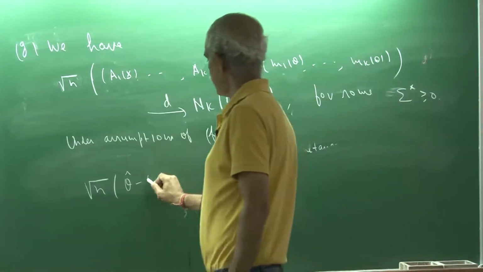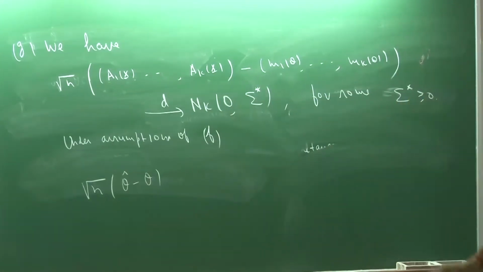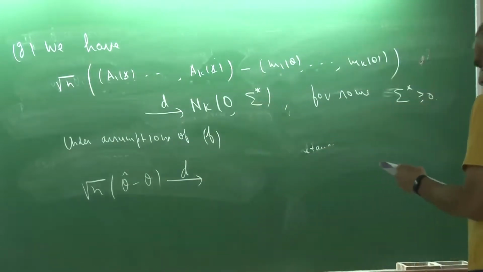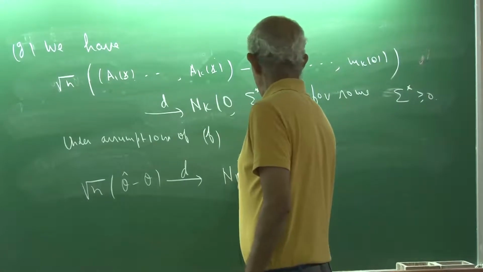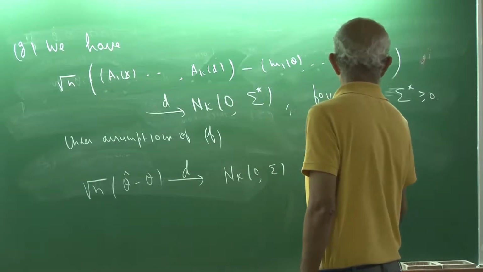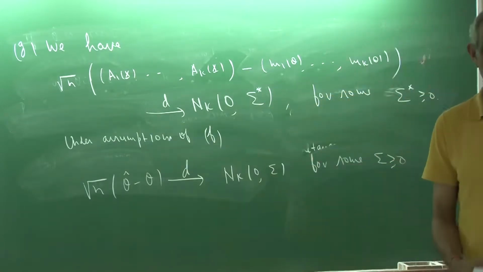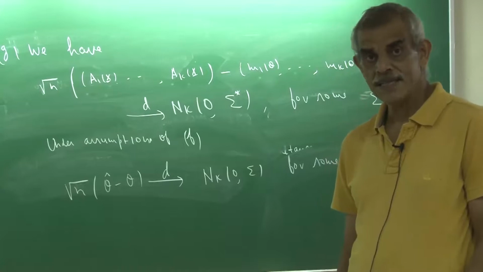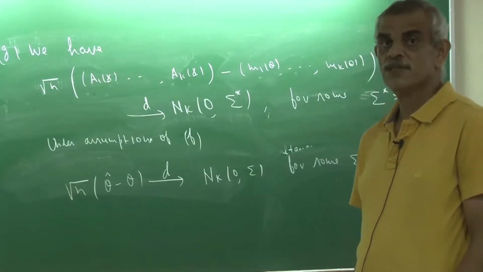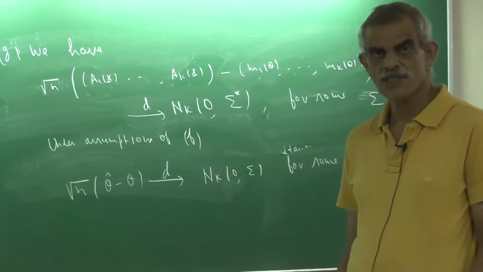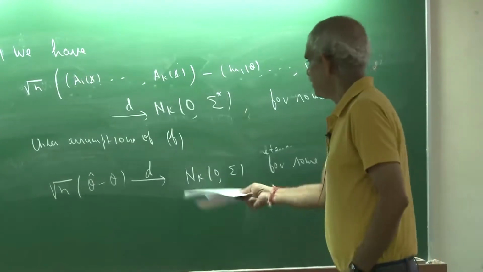You apply here, you get theta, so m inverse of theta, goes in distribution to normal k, 0, sigma for some sigma. This is just applying the delta method, because you know that if root n times x bar minus mu goes to normal 0, sigma, then root n times h of x bar minus h of mu goes in distribution to the Hessian matrix of h at mu times normal 0, sigma. So that is what is happening over here.